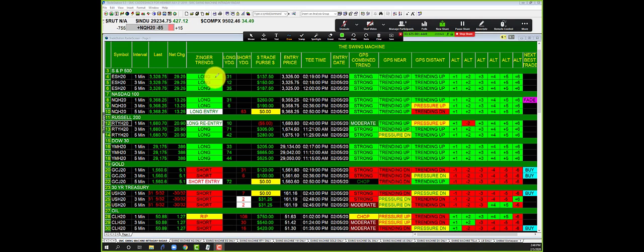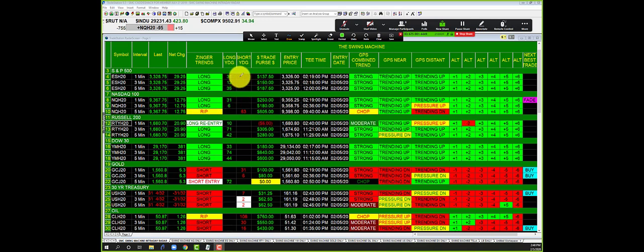If it lights up white with a short entry, would you exit? No. The only time you would exit is when the short entry confirms, the box turns red, and you get a Roman numeral 2 here shrouded in white. Then that long trade that you put on at 2:19, you would take off. That is a stop loss off of Swing Machine.